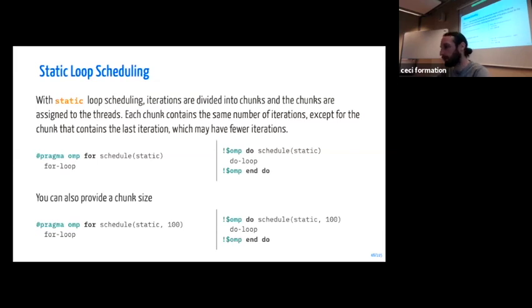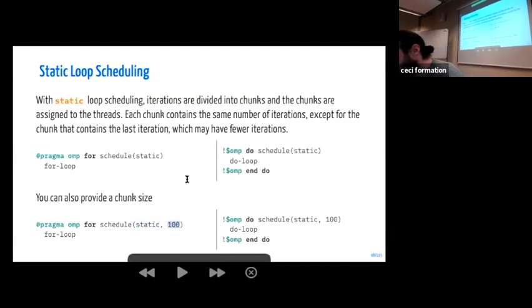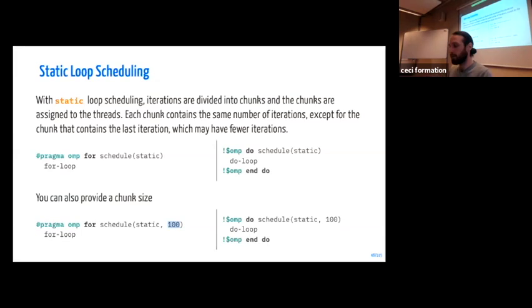Each of these big chunks, you assign to the threads. Another option is that you divide your loop iterations in a chunk size that you define yourself. So you choose the static scheduling, but then you say, I want a chunk size of 100, and then the compiler will cut your loop into chunks of size 100 and distribute them to the threads in a round robin fashion.